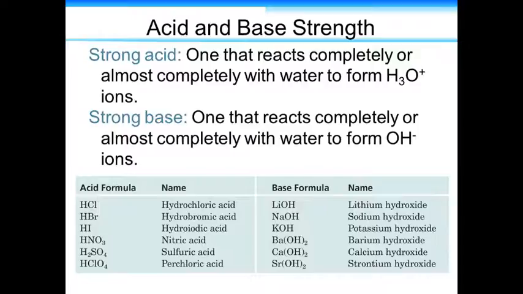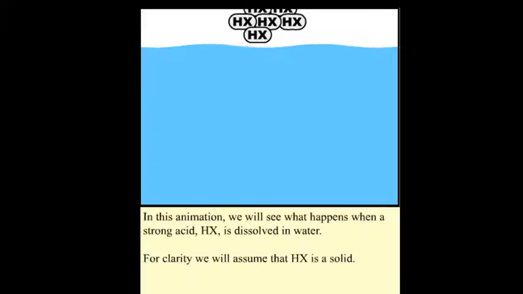Let's take a look at an animation of a strong acid. In this animation, HX represents our strong acid. We will be adding it to the blue solution, which represents water, and we won't be showing the water molecules for clarity.